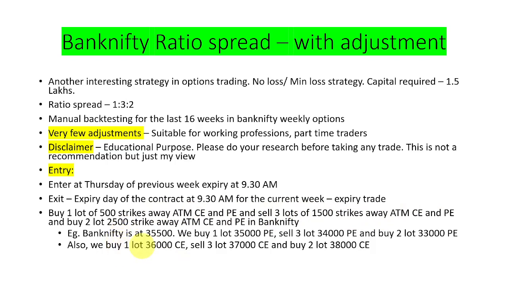So for example, if Bank Nifty is trading around 35,500, then we buy one lot of 35,000 put option, and we buy one lot of 36,000 call option, and we sell 3 lots of 34,000 put, and we sell 3 lots of 37,000 CE, and we buy 2 lots of 33,000 put, and we buy 2 lots of 38,000 call. So this is the setup here.